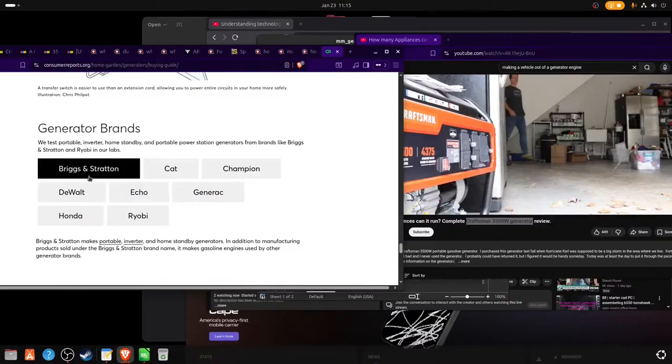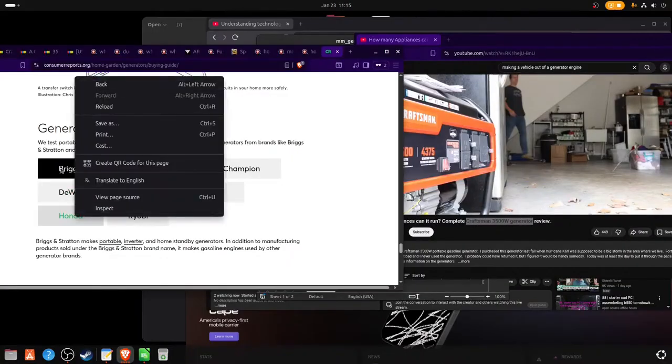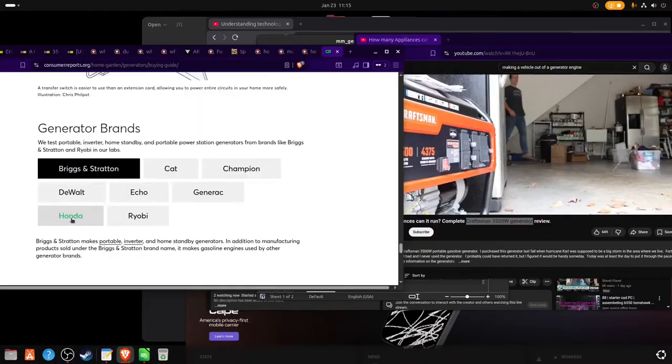Okay. Briggs & Stratton, Cat, DeWalt, generic, Ryobi. Honda. To be frank with you, Honda's the one that I'm most attracted to here. Remember I was talking about it has the same sort of engine as a motorcycle, or it's kind of similar.